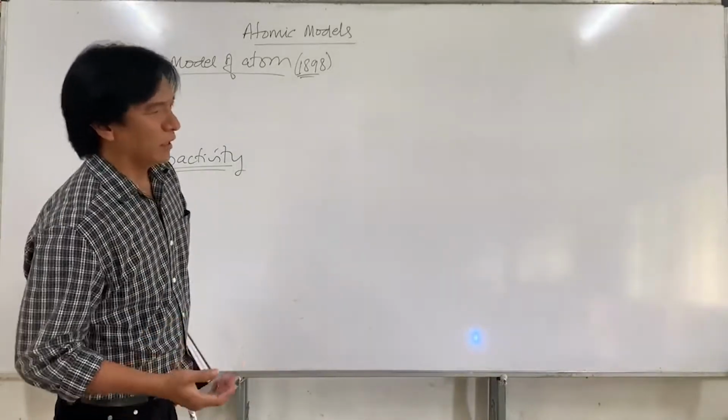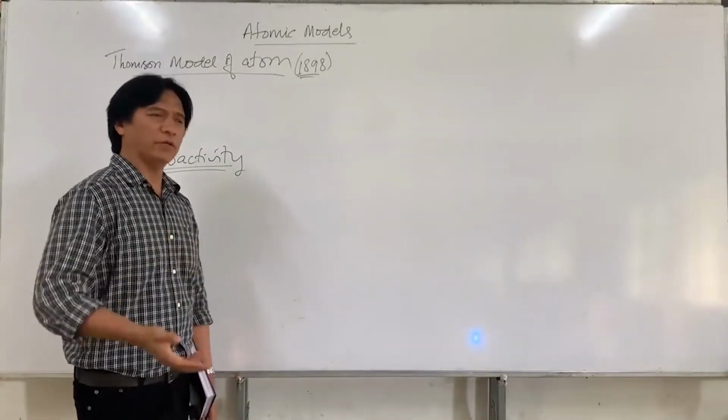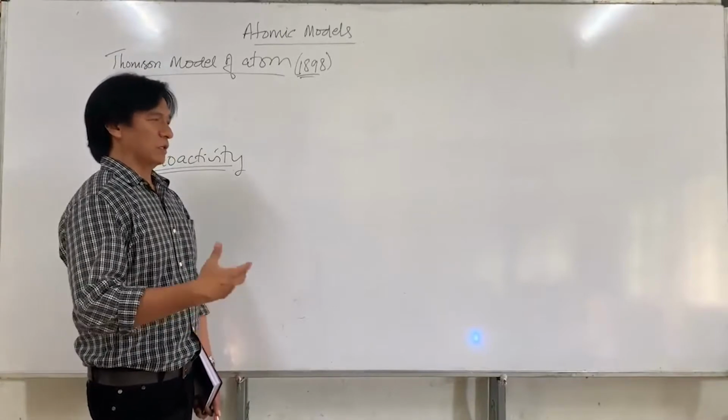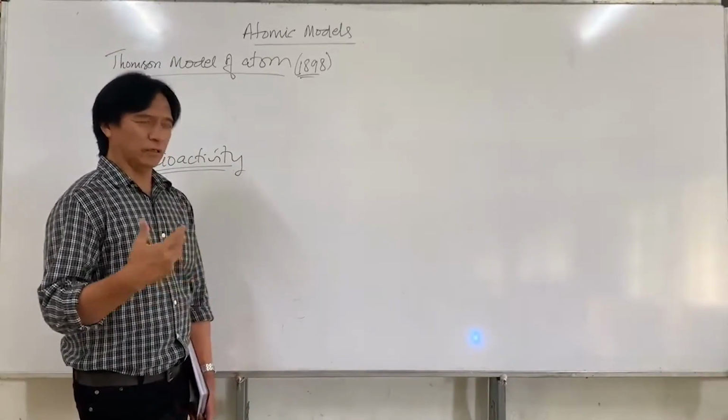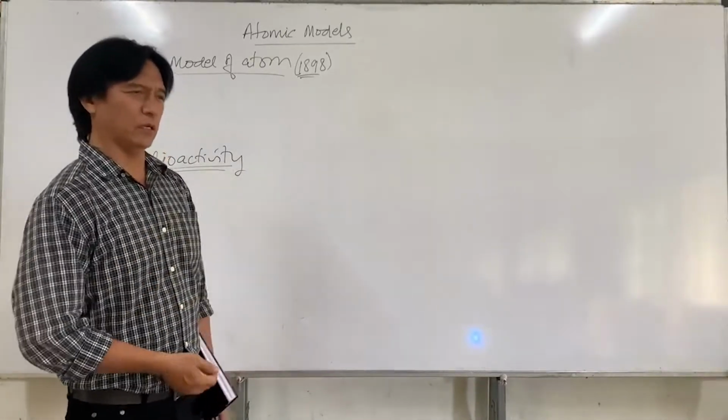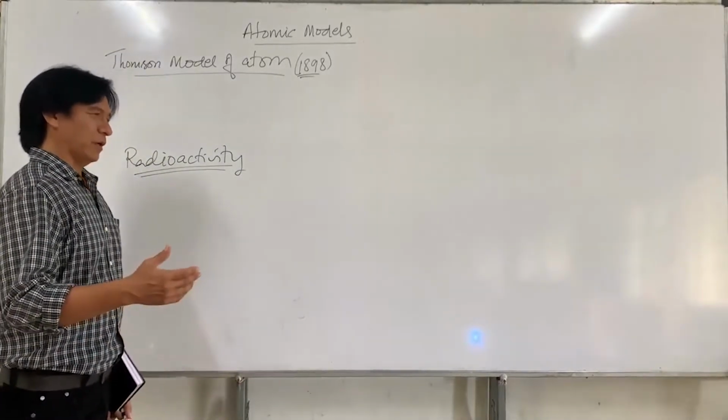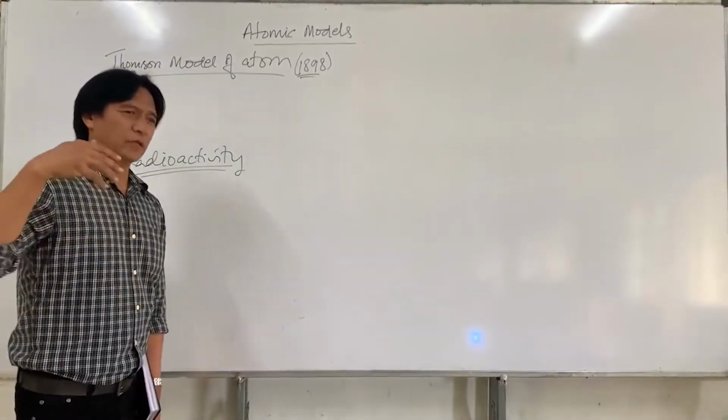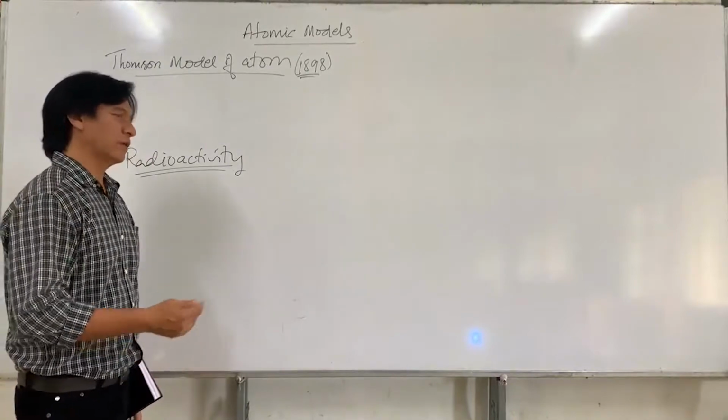So during radioactivity, what happens is these radioactive elements emit different sorts of radiations or different rays.